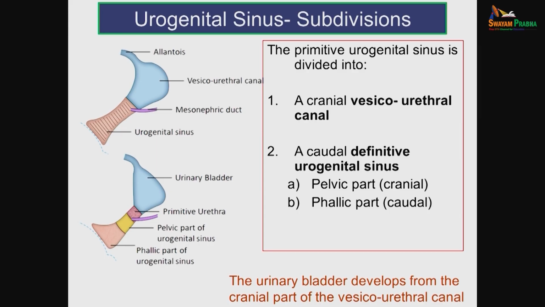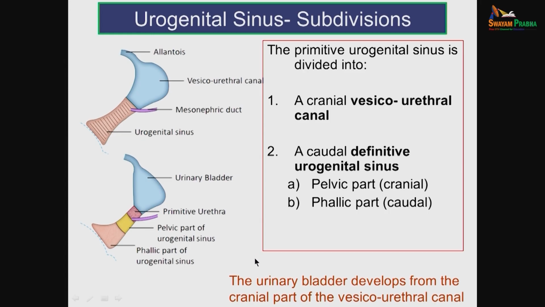So, the urinary bladder develops from the cranial part of the vesico-urethral canal. Please understand that these are all subdivisions of cloaca, and cloaca is the part of the hindgut distal to allantois.